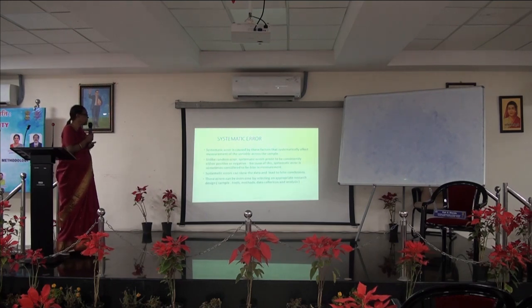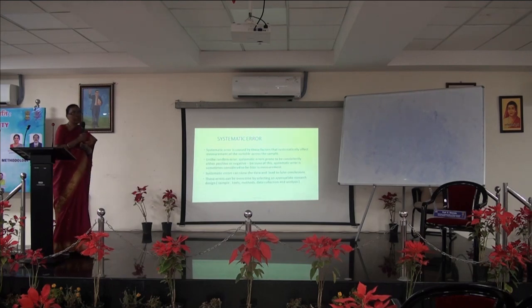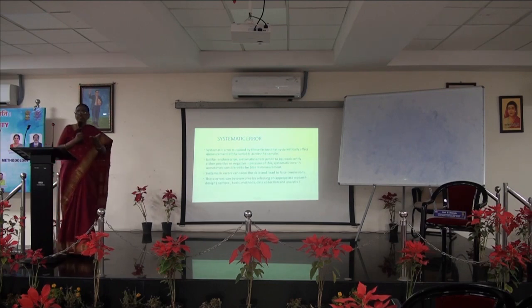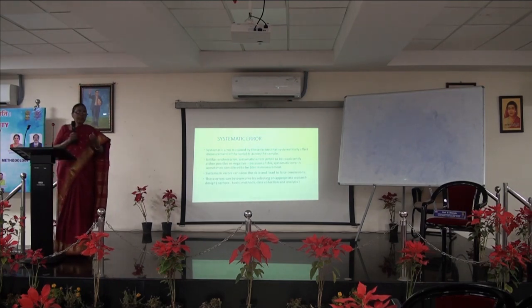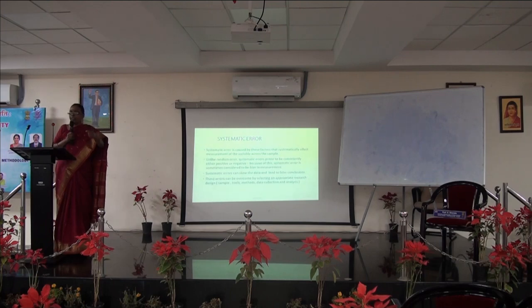Because of this, systematic error is sometimes considered to be bias in measurement. This occurs in tools like weighing machines and spring balances. If you use a spring balance continuously, the spring stretches and the weight of the individuals increases.